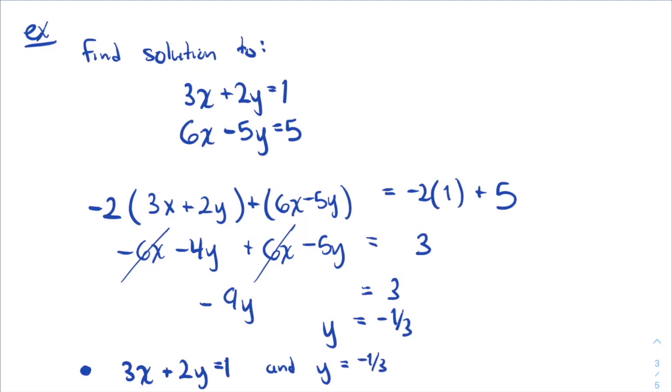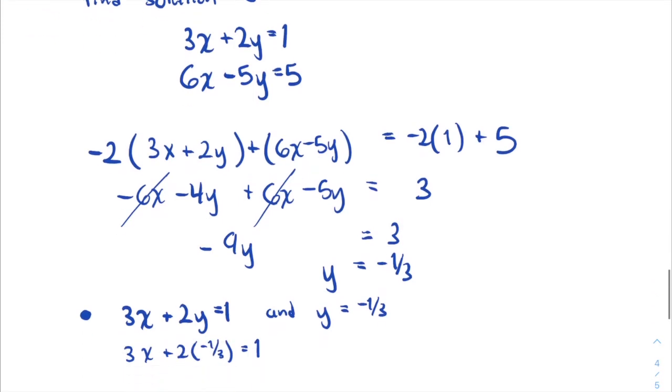We would have 3x plus 2 times -1/3 equals 1, and 3x plus -2/3 equals 1, 3x equals 1 plus 2/3, which equals 5/3.